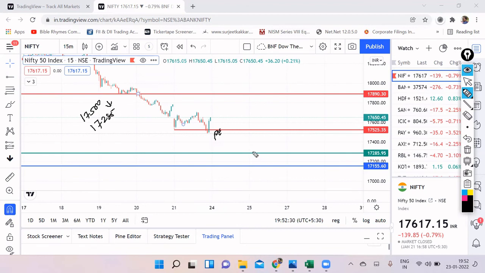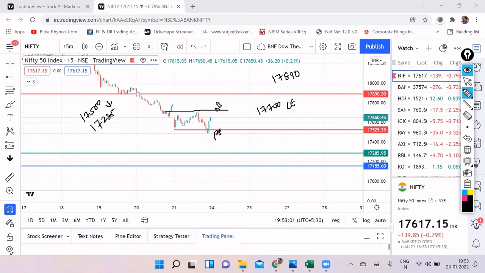Okay, and we should go for an upside trade once we cross this particular high. So what is that high? 17,700. Okay, so if Nifty closes above 17,700, we can take an upside trade. Our target should be 17,890, the line that I've marked here.